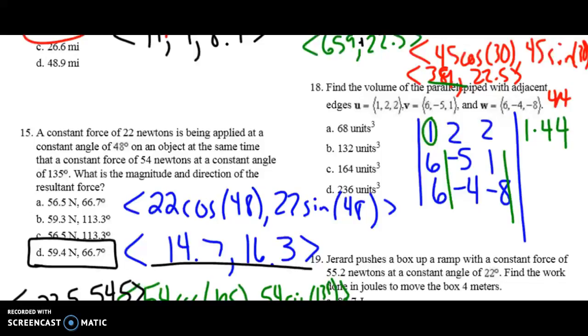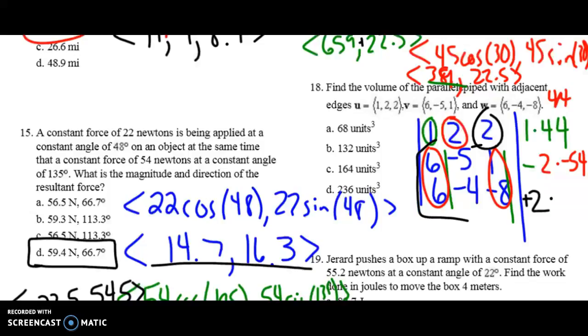That's my first part. Then I had to subtract 2 times the determinant of this matrix. So 2 times, and then 6 times negative 8 would be negative 48, minus 1 times 6, which is 6, so that would be negative 54. And finally, the last one was adding 2 times the determinant of this matrix right here.